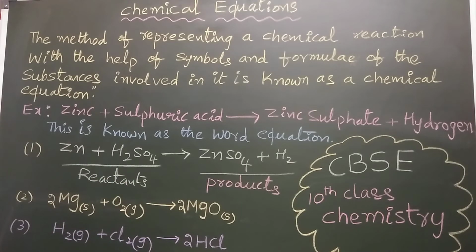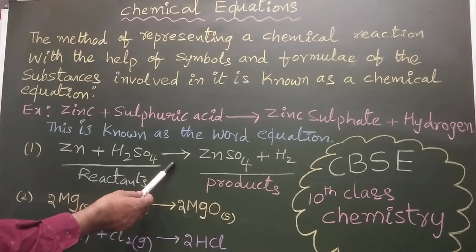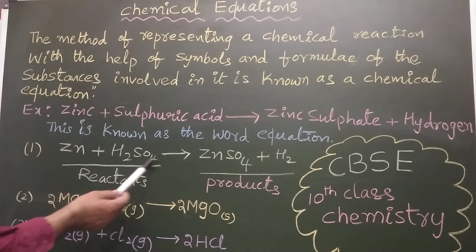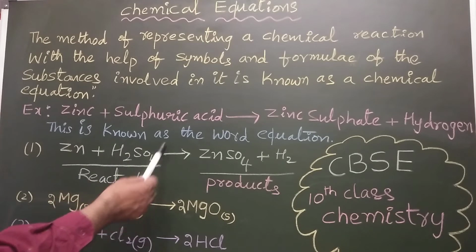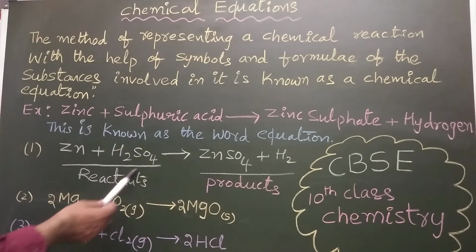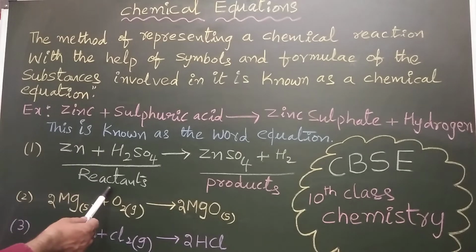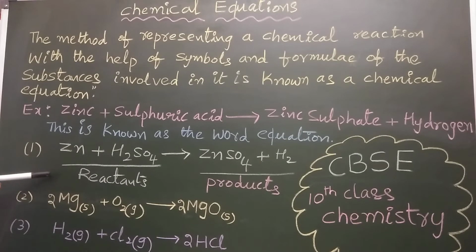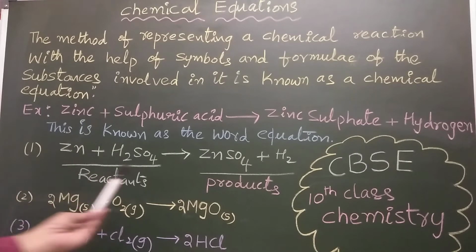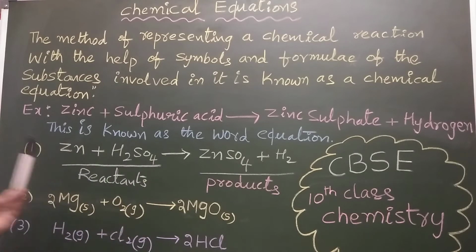After that, you can see children, in this chemical equation, the left side of the arrow and the right side of the arrow: these are the reactants and these are the products. Zinc and sulfuric acid are the reactants. The reactants are always on the left side of the arrow.